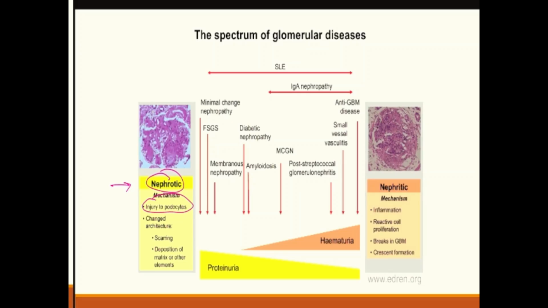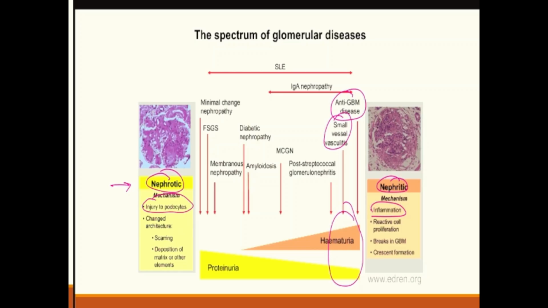What this is showing you is that as you go from the nephrotic side of one spectrum to the other side, which is nephritic, which is all due to inflammation, one side is more protein, the other side is all blood. So if you look at the nephritic syndromes, anti-GBM, small vessel vasculitis, a lot of hematuria, a little bit of proteinuria.